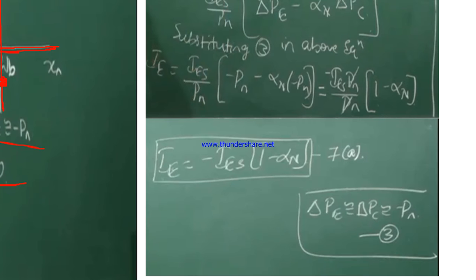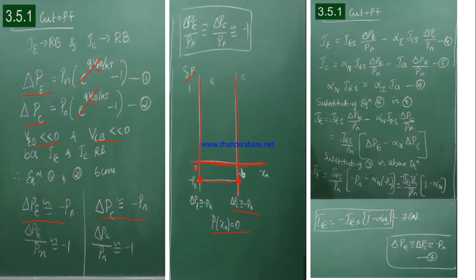Now substituting 3 in the above equation. Equation number 3 is delta PE and delta PC, which is equal to minus Pn, that is from here. So delta PE can be written as minus Pn and delta PC can be written as minus Pn.